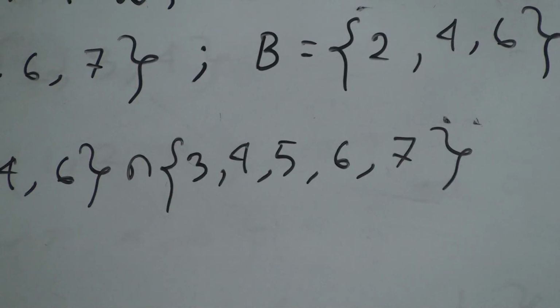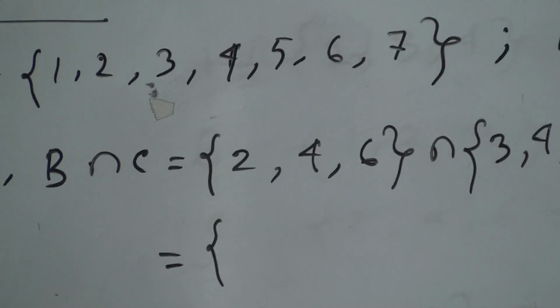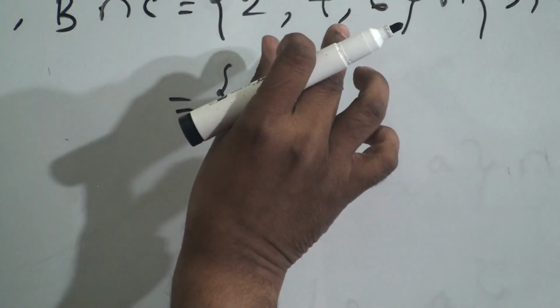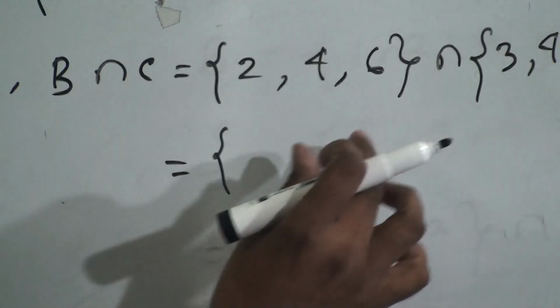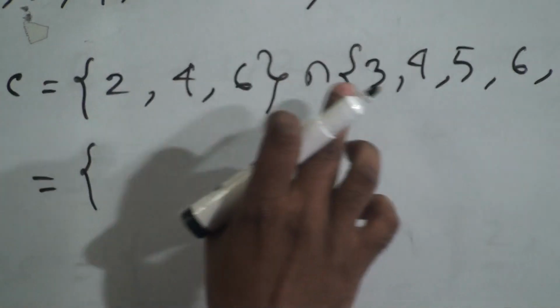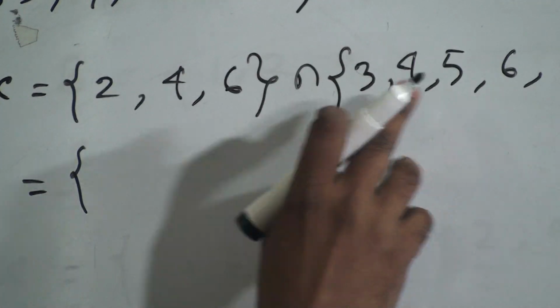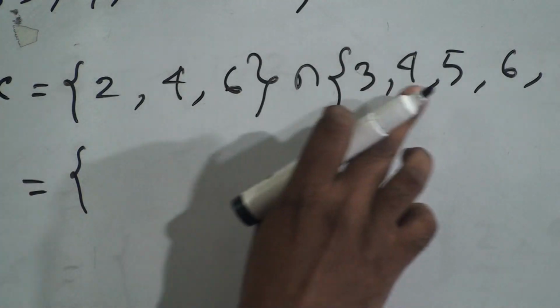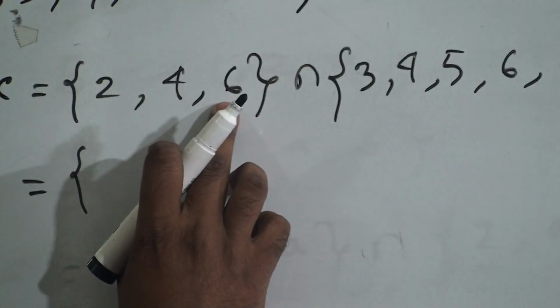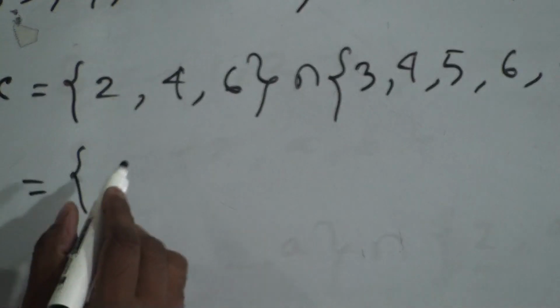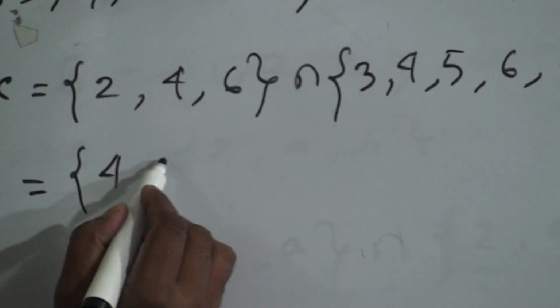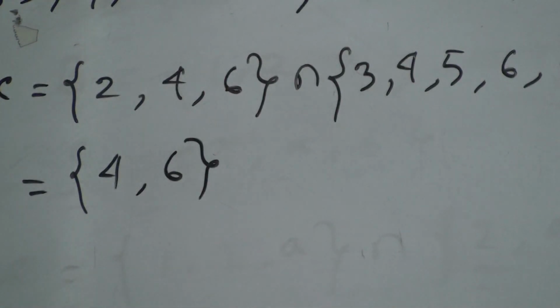Now intersection means common elements, that means the elements that exist in this set and this set will come here. 2 exists in this set but does not exist in this set, so 2 will not come. 4 exists in this set and also in this set. 6 exists in this set, also in this set. So 4 and 6 will come here.